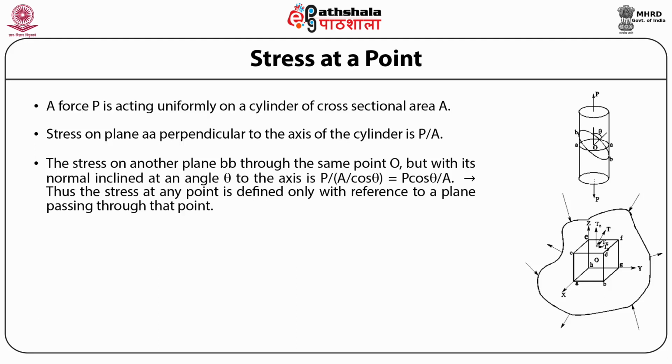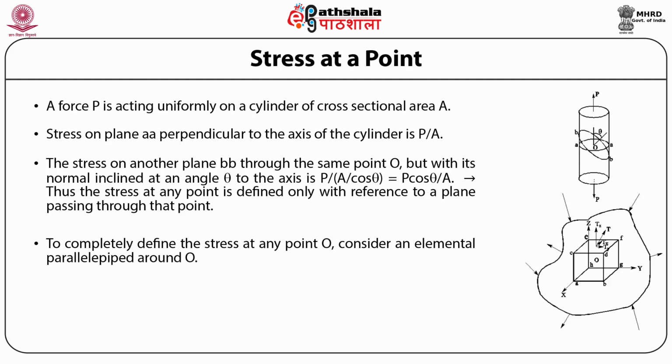So if delta P is the net force acting on an element of area delta A passing through any point O in the body, then the total stress vector at point O with reference to the plane containing delta A is defined as T equal to the limit delta A tends to 0 of delta P by delta A, as shown in this figure.